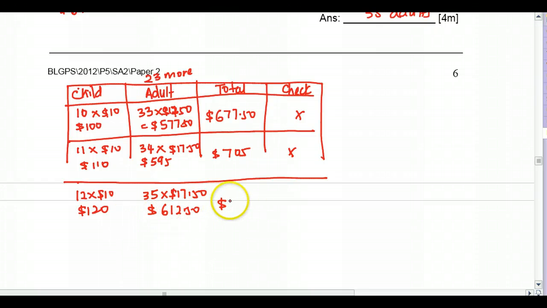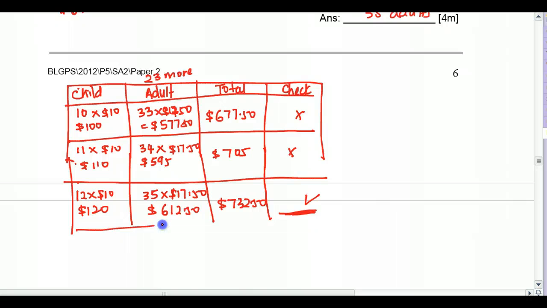I add up my total, $732.50. This is correct. So if you are doing guess and check, always make sure that you have a check column. It is very, very important to have a check column and ensure that all your numbers are correct.